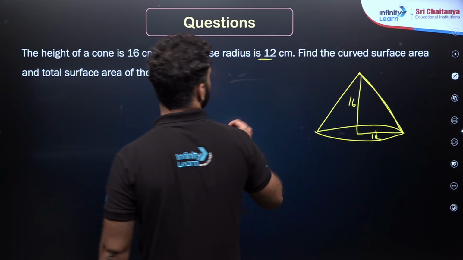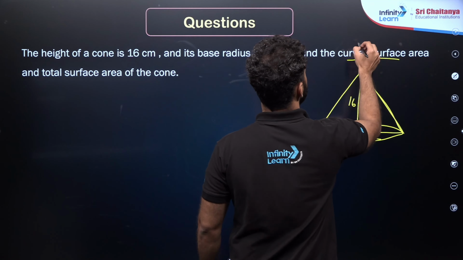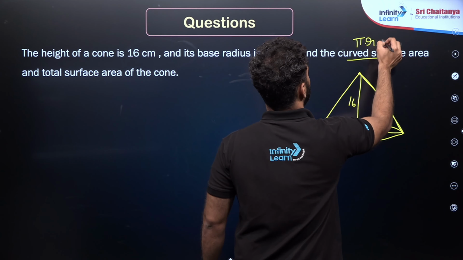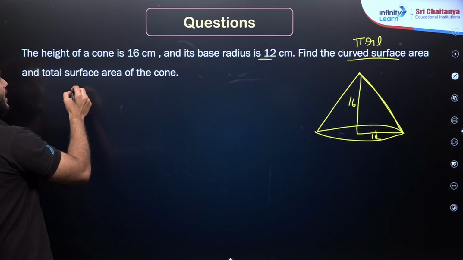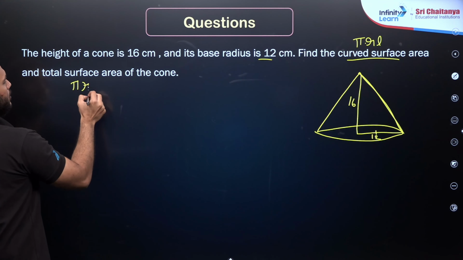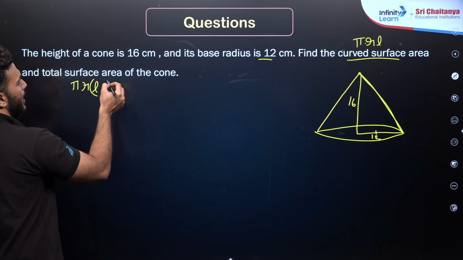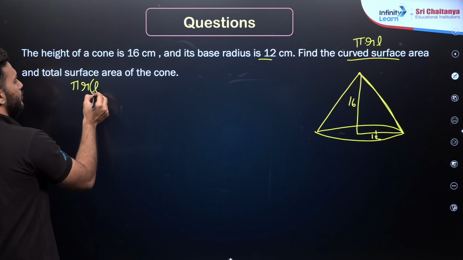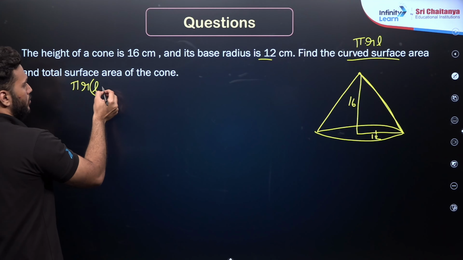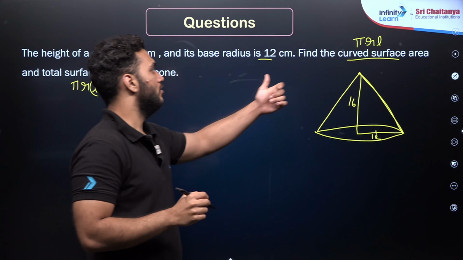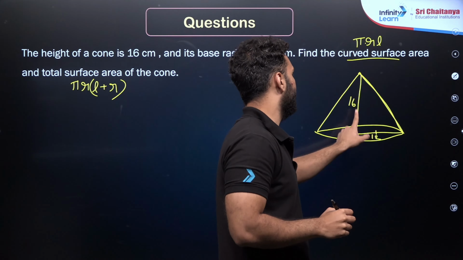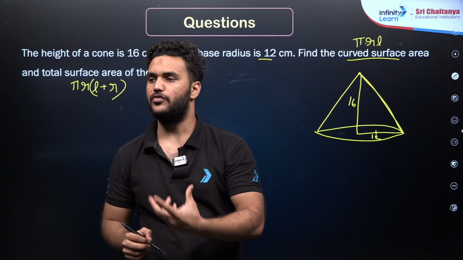Curved surface area is pi r l, and total surface area. What is total surface area? Add pi r l and pi r square, and you take pi r common, you will be left with pi r into bracket l plus r. Okay, so we have r, we have h, we don't have l. How to find l?